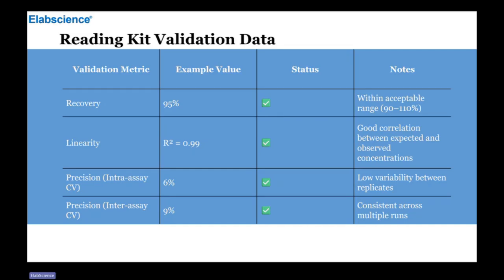If these values are incomplete or unclear, treat the kit cautiously. Always favor manufacturers that provide transparent, well-documented validation data. Understanding this information ensures that your results are credible and reliable.